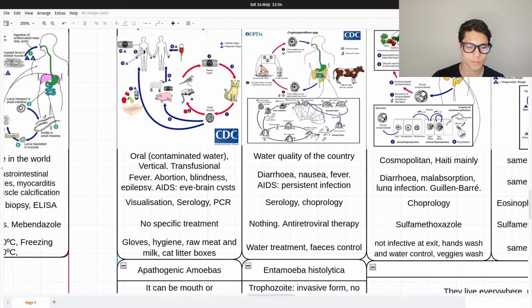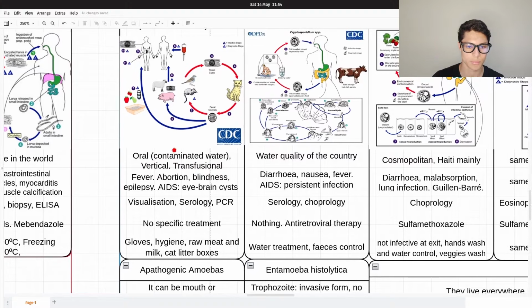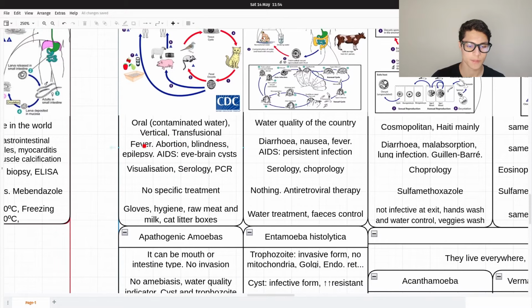So the transmission is oral, contaminated water, vertical, and transfusional, as we talked about in the last video. They cause fever, abortion in pregnant women, blindness and epilepsy, and in immunosuppressed people they can create cysts in the eyes and in the brain.